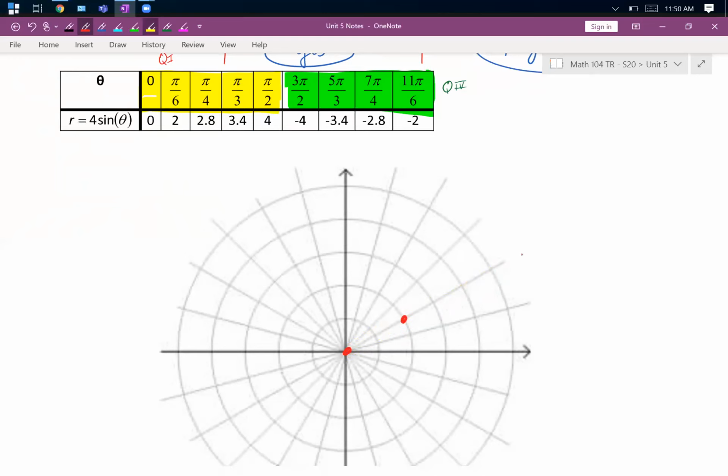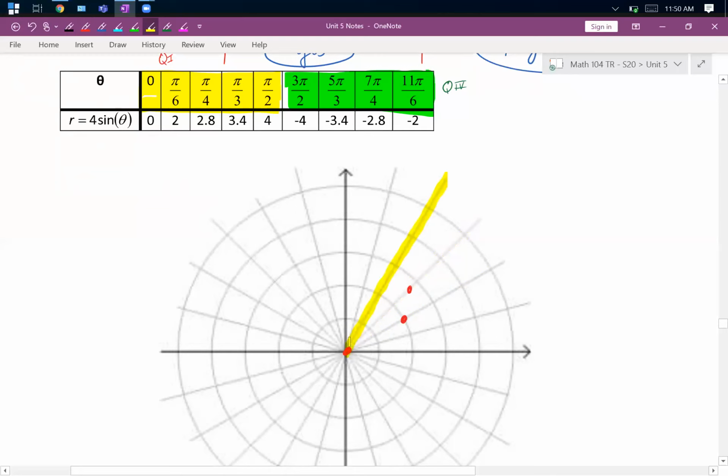Next up is pi over 4. We're going to go to the angle first, and then go out r rings, 2.8. That's right about there. Our next angle is pi over 3.